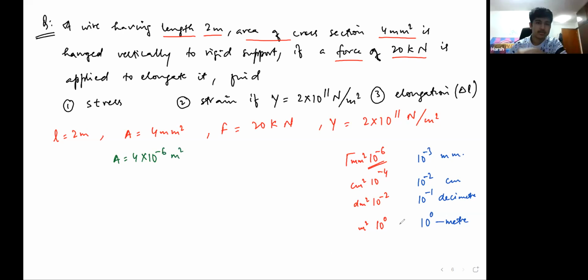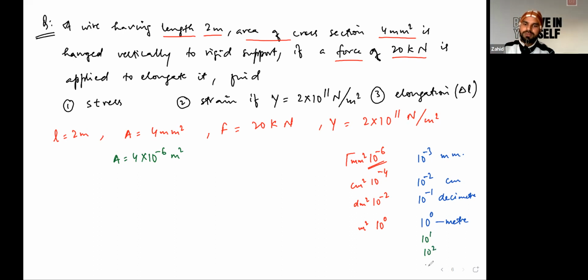Yes, sir. Similarly, if you raise the exponent, say 10 to the power plus 1, 10 to the power plus 2, and 10 to the power plus 3, these are called deca, hecto, and kilo, which means 1 kilo equals 10 to the power 3 of its base unit. So we have force in terms of kilonewton.